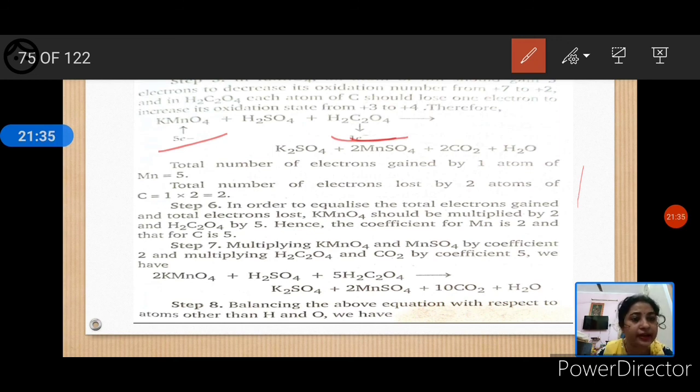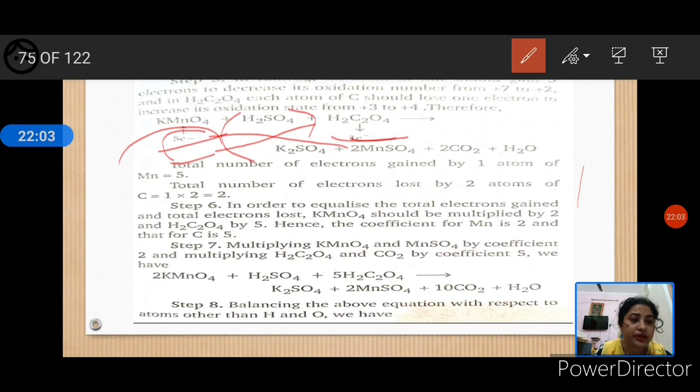Whatever we get for carbon will be multiplied to KMnO4, and whatever we find as the change in KMnO4, this 5 will be multiplied to H2C2O4. So KMnO4 is multiplied by 2 and H2C2O4 is multiplied by 5.